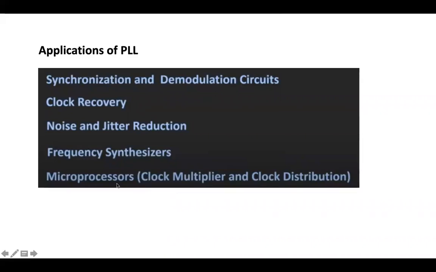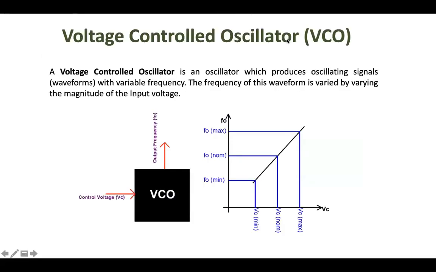In microprocessors exclusively, we'll be touching upon the clock multiplier and clock distributor, just like the analog multiplier and divider that we saw with the help of op-amps. So similarly here, that is again a part of the application. Next, we'll be seeing how this VCO works.